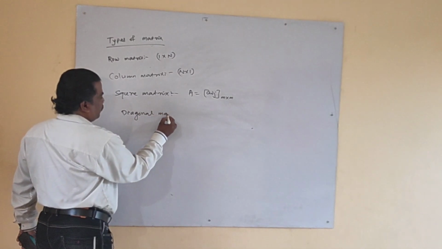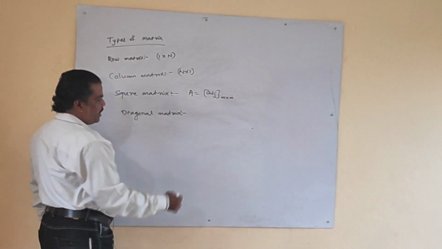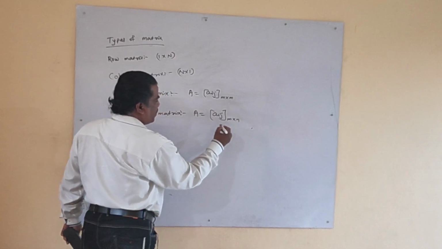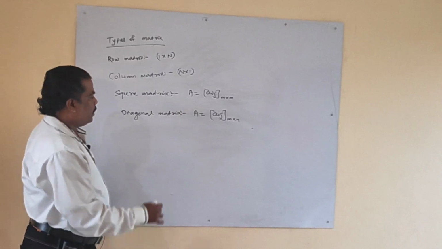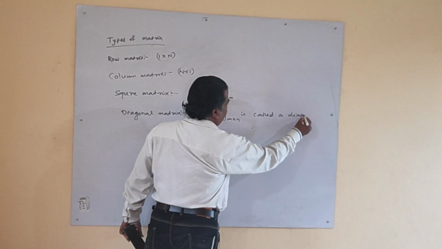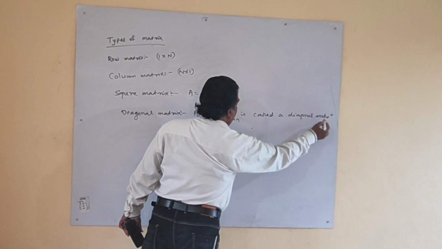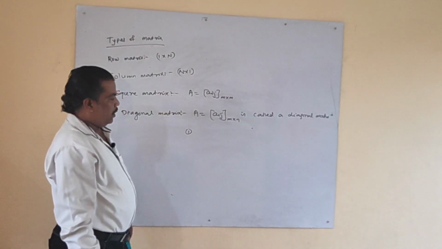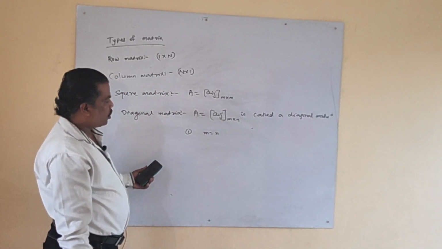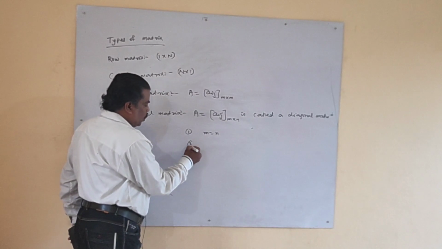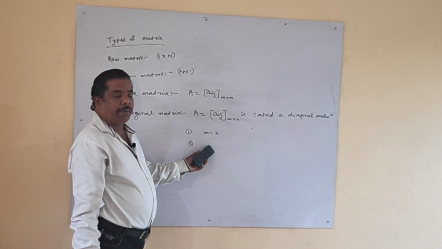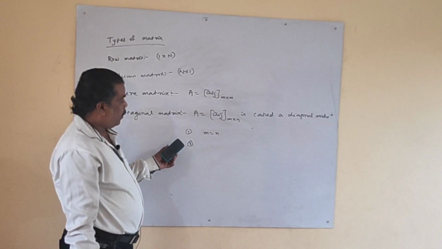A matrix A equal to Aij, m cross n, is called a diagonal matrix if, number 1, the number of rows is equal to the number of columns, and number 2, except the diagonal elements, all elements are 0. Except the leading diagonal, all elements are 0.